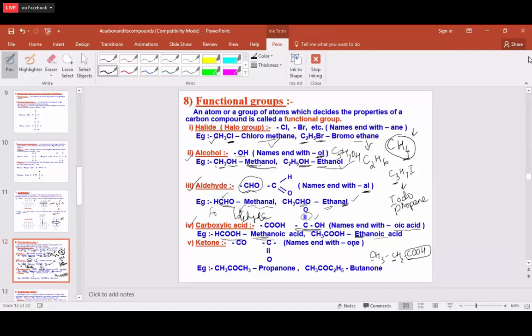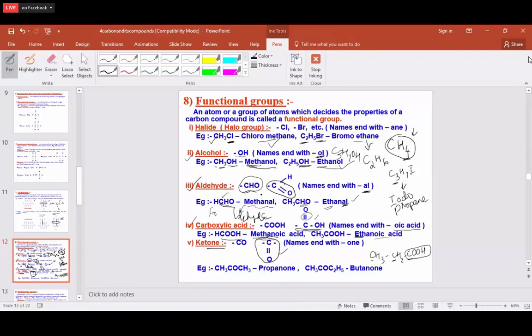Okay. Next one is the ketone. Ketone is also having the C double bond O. See here, there is a basic difference between the aldehyde and the ketone. Aldehyde also has a C double bond O. Ketone also has the C double bond O. Now, how to make the difference between the aldehyde and the ketone?